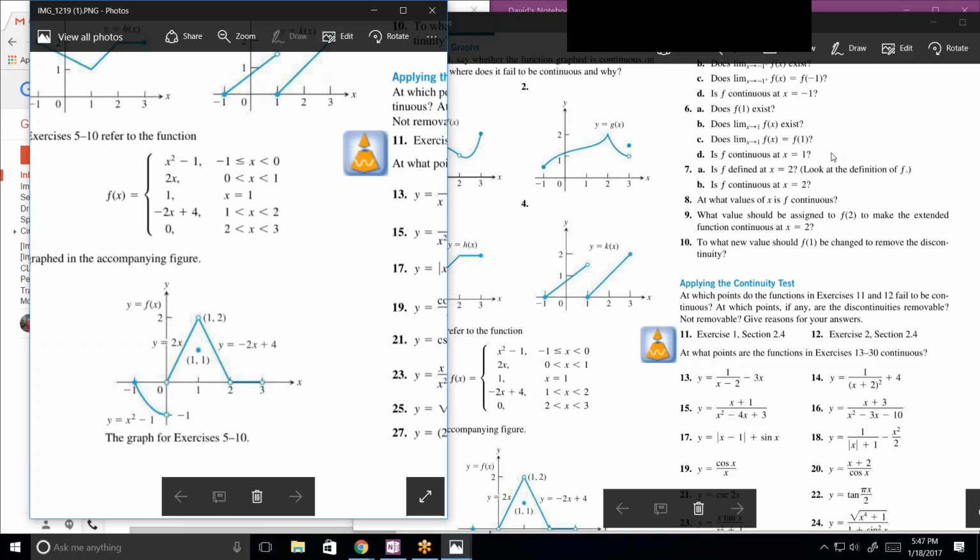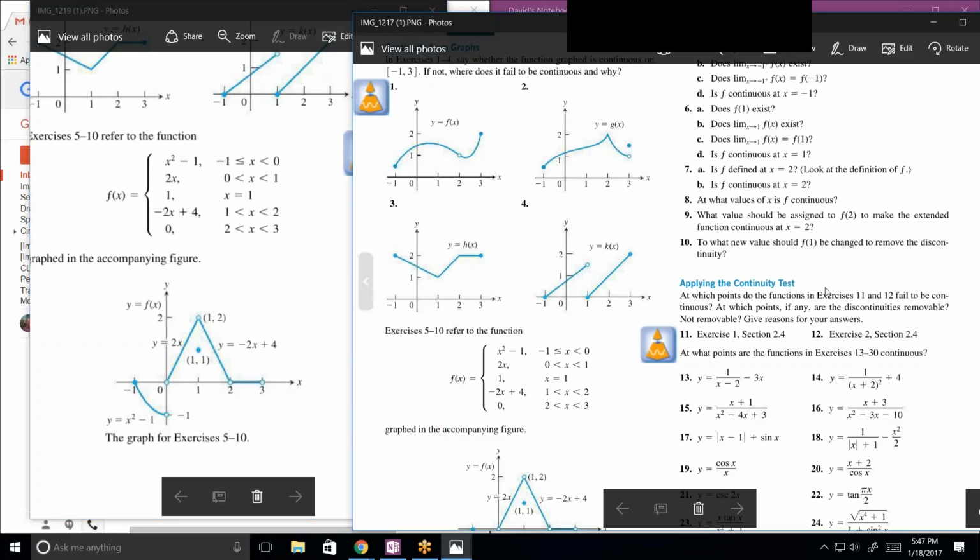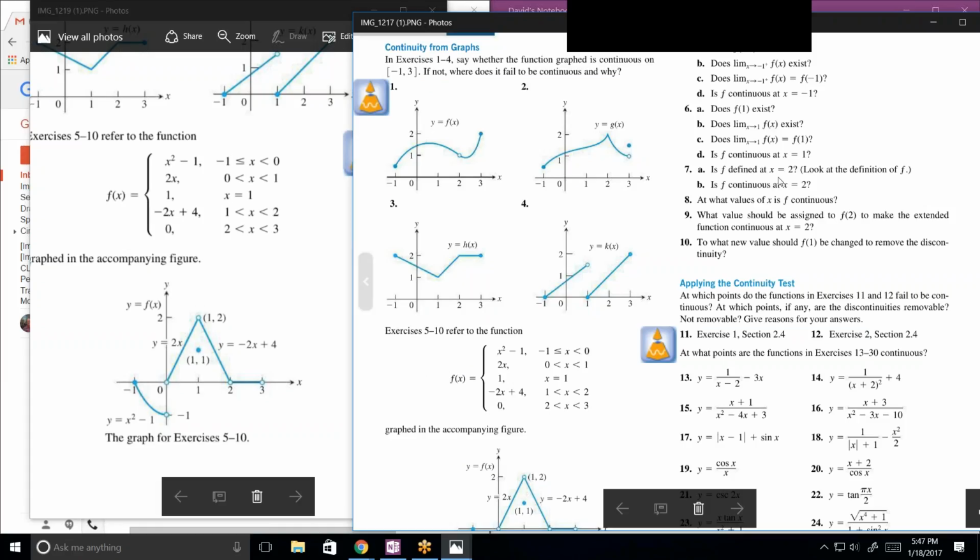So this is not continuous because f of 1 does not equal the limit as x approaches 1. That proves non-continuity right away. And you can also see it from looking at the graph. I could not draw this function without picking up my pencil at x equal 1. True. All right, number 7. Is the function defined at x equal 2?